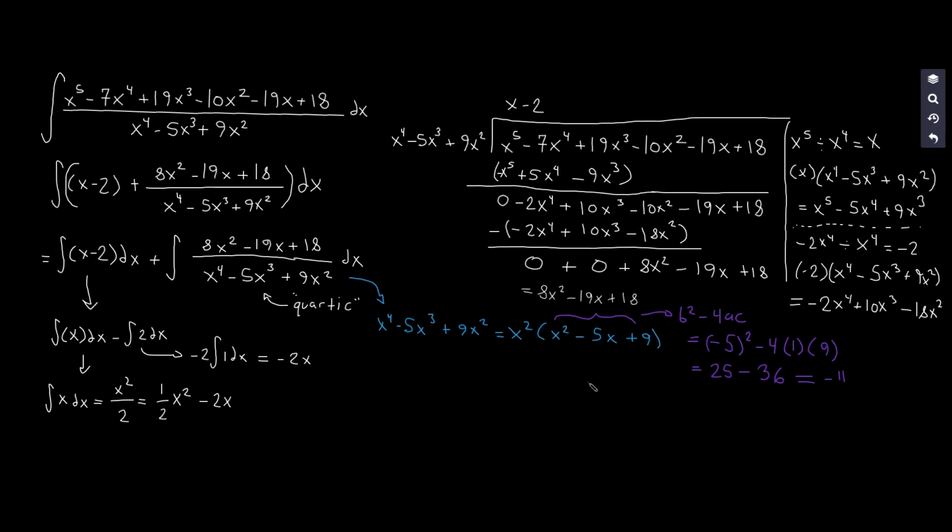And so we're not supposed to think of the first factor, x squared, as a quadratic, but instead we're supposed to think of it as a square of a linear factor.